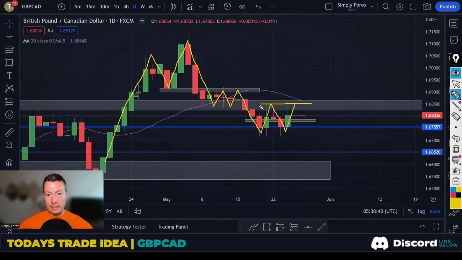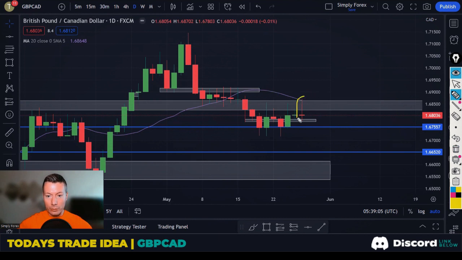So this area is holding, all right? And we've just bounced off nicely off the moving average 20 as well. So we've got two areas of resistance. We got the last highs, and now we have a moving average 20. I really like this area for value, yeah, and resistance.